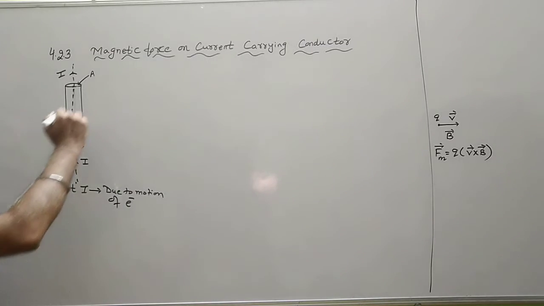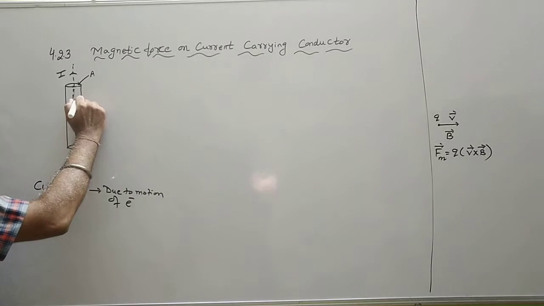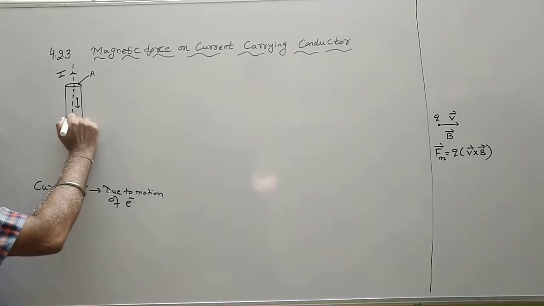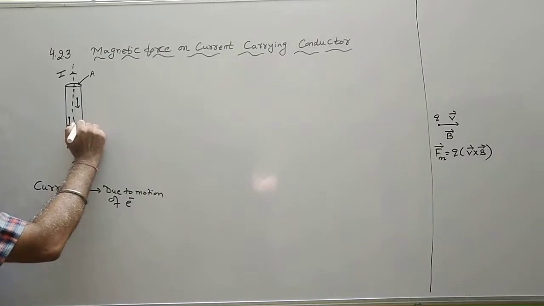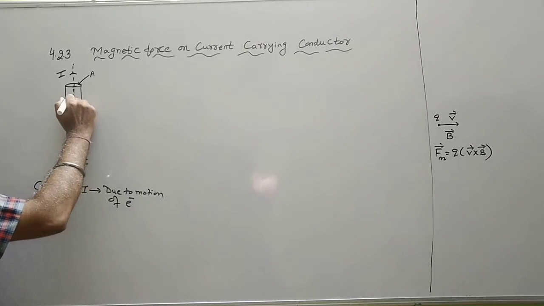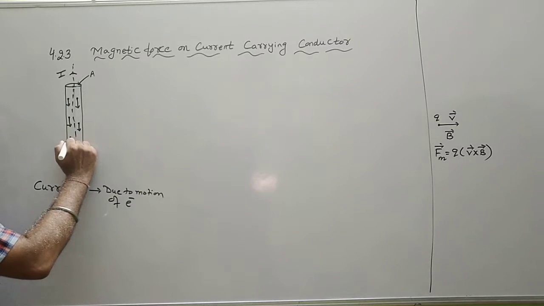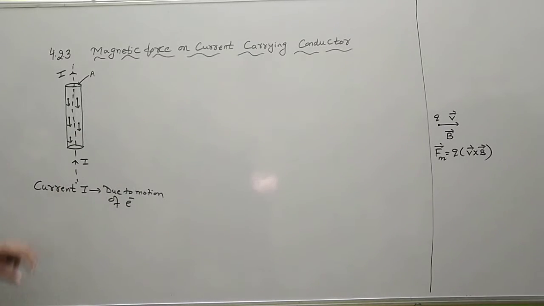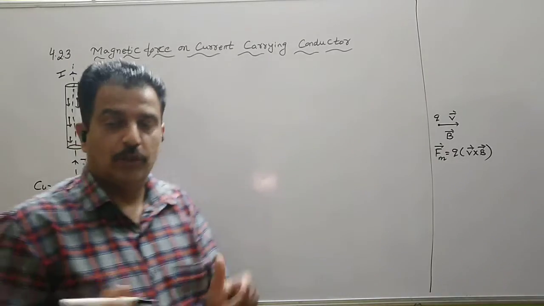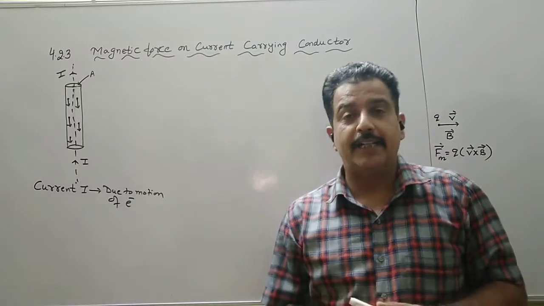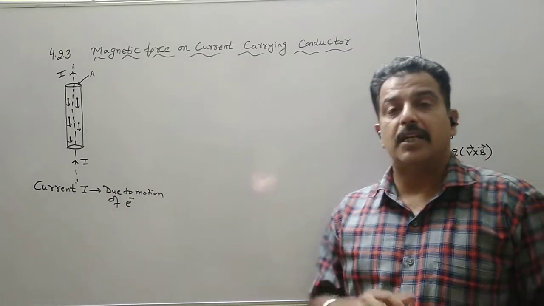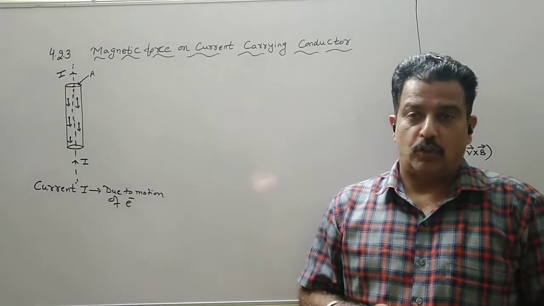Now the motion of these electrons is in the opposite direction to the conventional current. So if the conventional current is in the upward direction, the electrons are moving in a downward direction. So the mobile charge carriers are electrons.